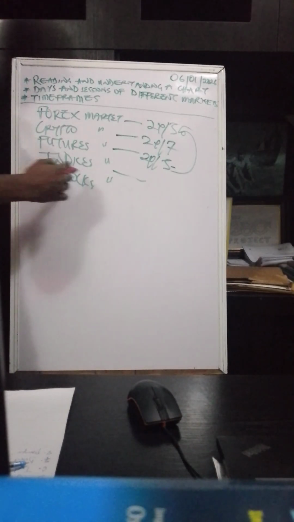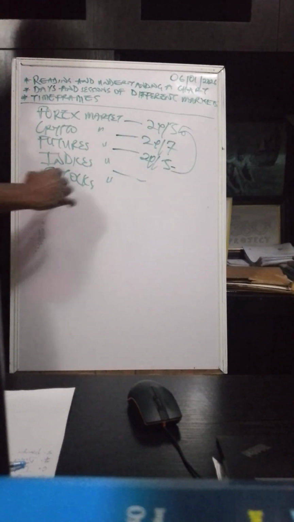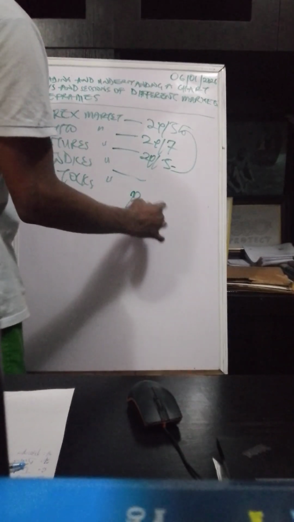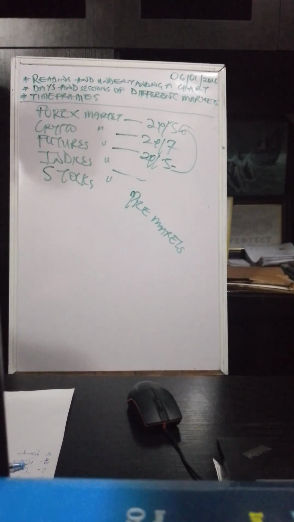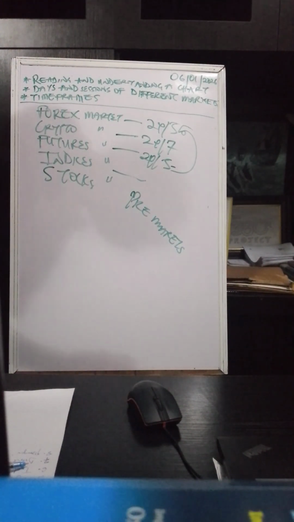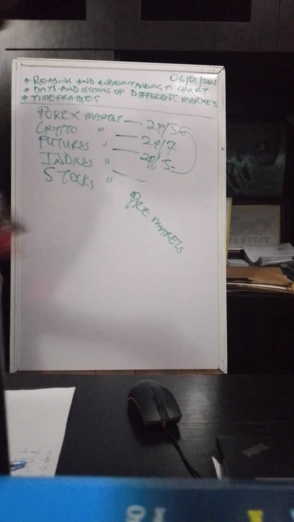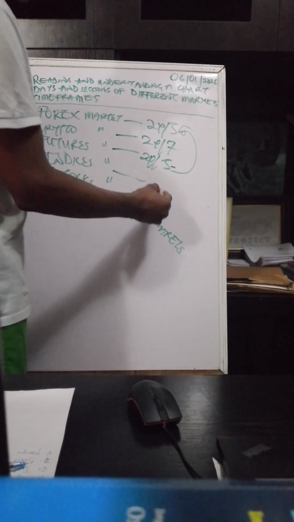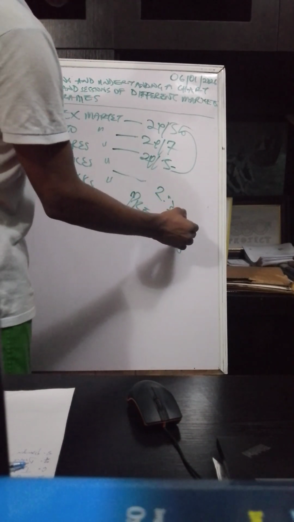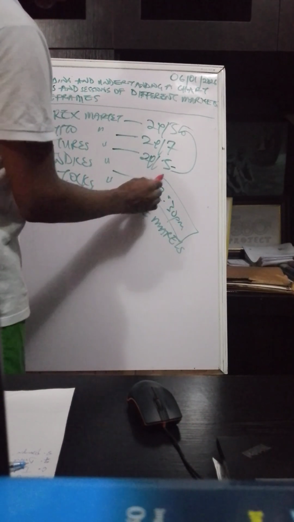The indices market is the same as the futures market, and the stock market. There's something called pre-market hours. Pre-market is any time before 2:30 p.m., which is when the London session and New York session open.